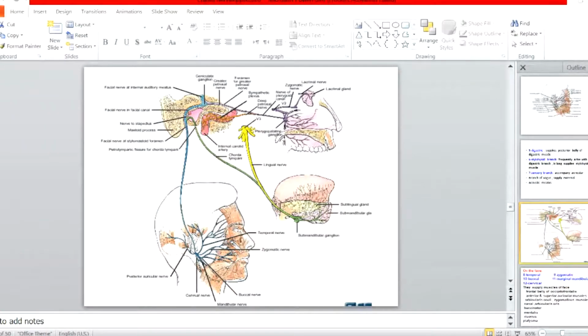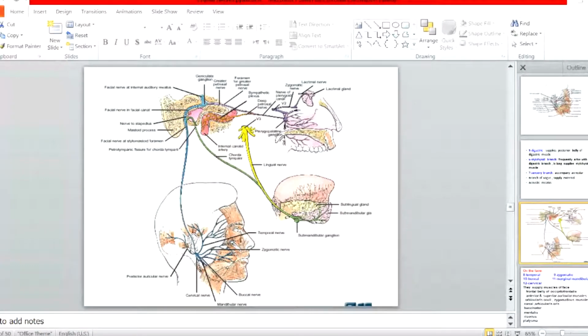Preganglionic parasympathetic fibers pass to end in the submandibular ganglia, and the taste fibers pass with the lingual for the anterior 2/3 of the tongue. From the submandibular parasympathetic ganglia, postganglionic parasympathetic fibers pass to the submandibular gland, sublingual gland, glands of the floor of the oral cavity and the tongue.